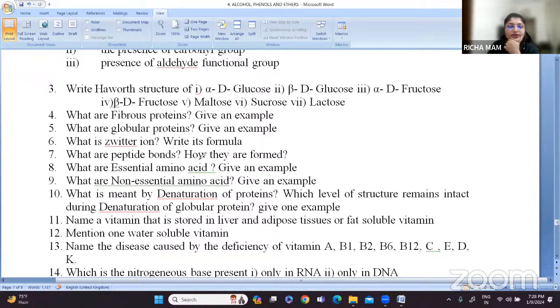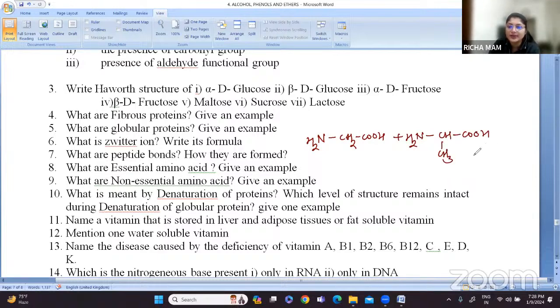Whenever an amino acid is getting condensed with another amino acid, suppose NH2, CH2, C double bond OH is one amino acid, and this is another amino acid.